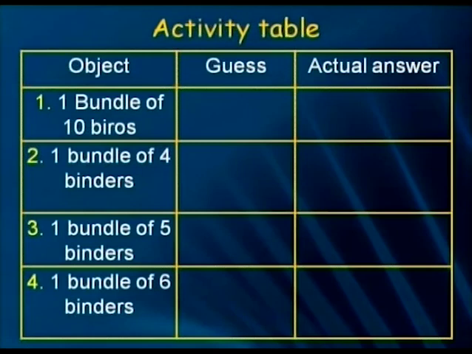Number 2, you will be weighing 4 bundle of binders, 3, 5 bundle of binders, and the last one you will weigh 6 bundles of binders. Right, let's see which group is going to complete their table. Before you measure, you have to make your guess.